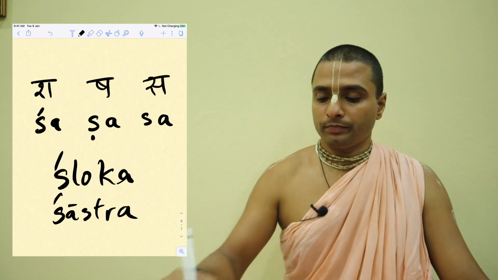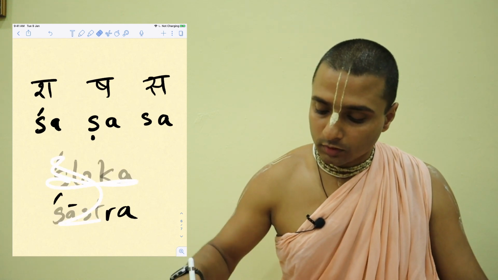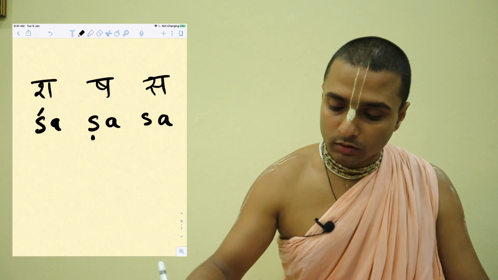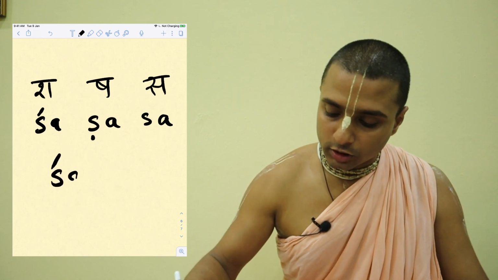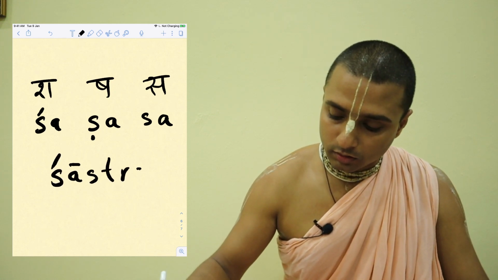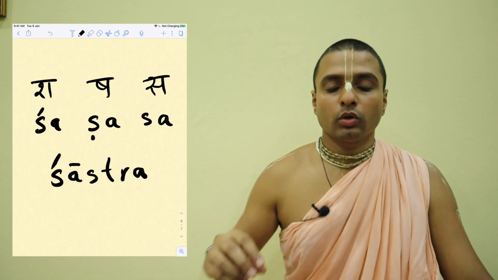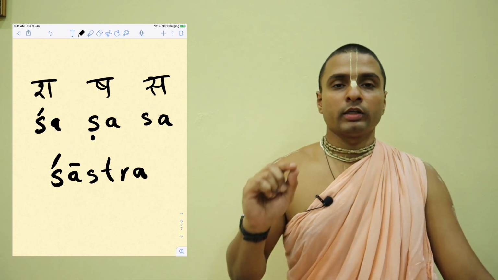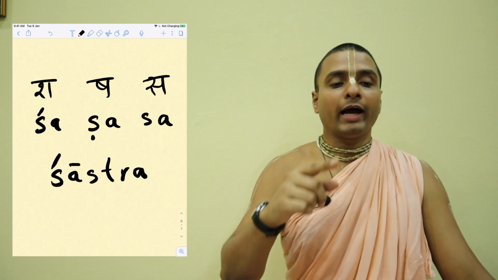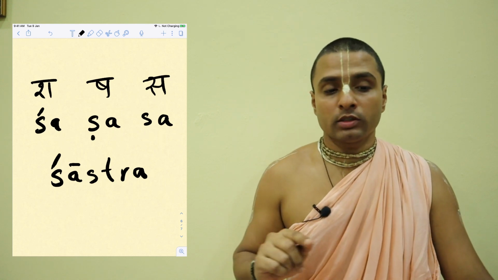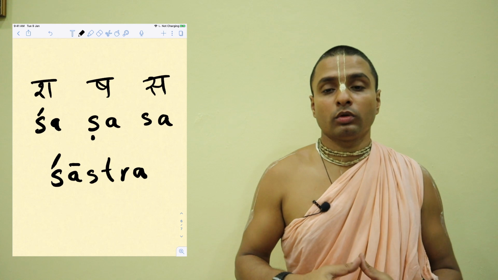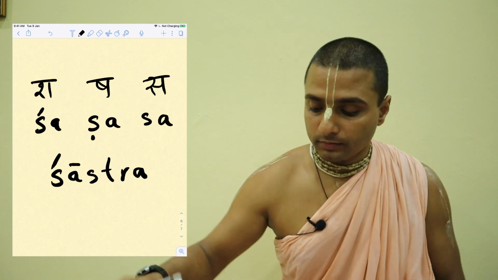So when we say Śloka or when we say Shastra, there are two S here. So this sh is from the ch position. And what is that S with the dot below? This S with the dot below is what you see when you read the word Krishna.